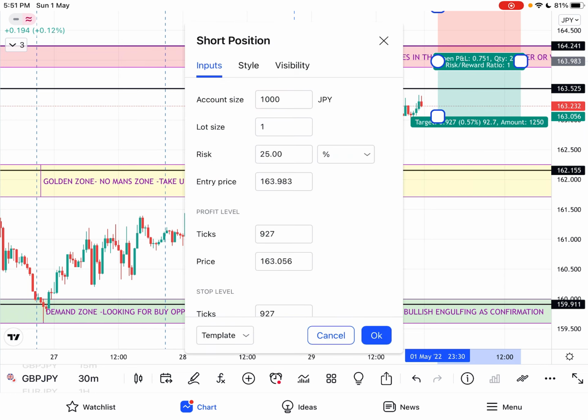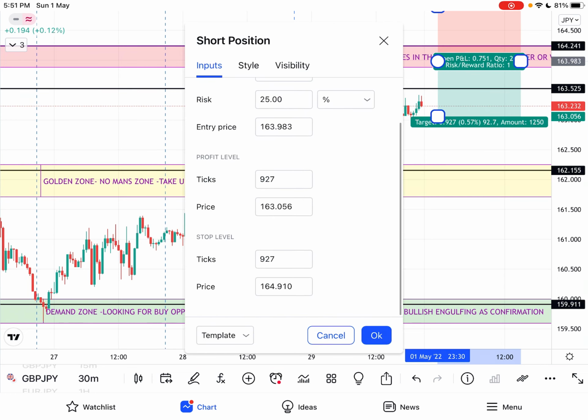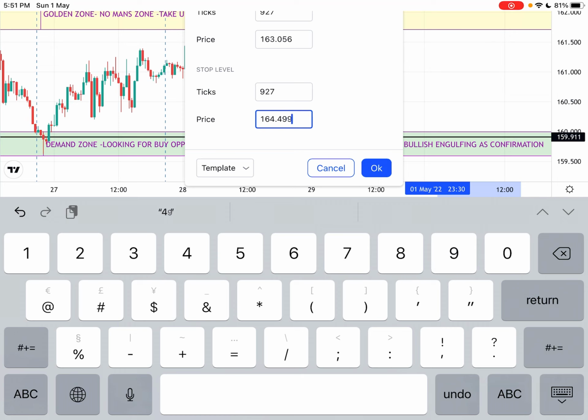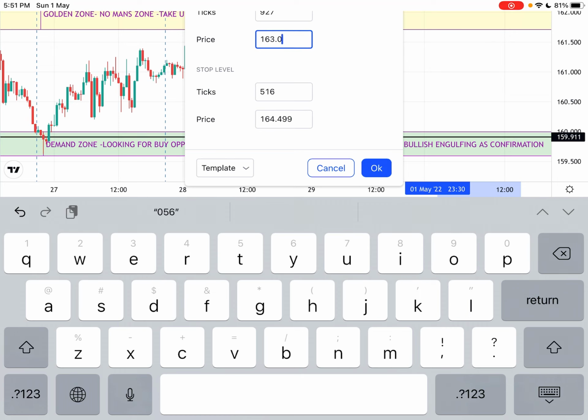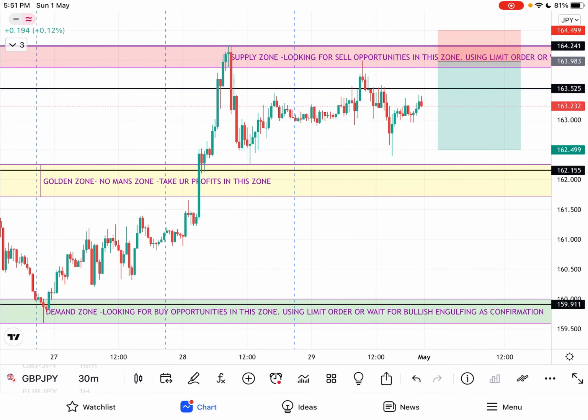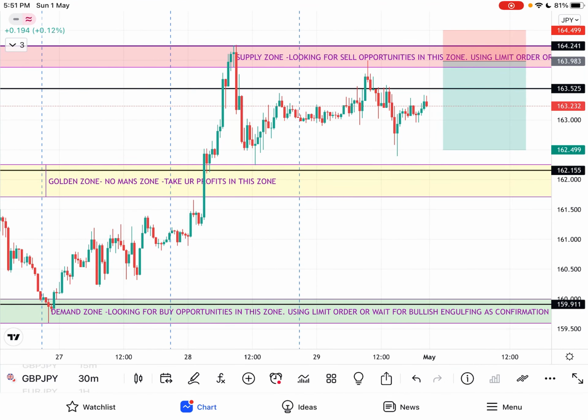Using a sell limit. So that's how our trade is looking.